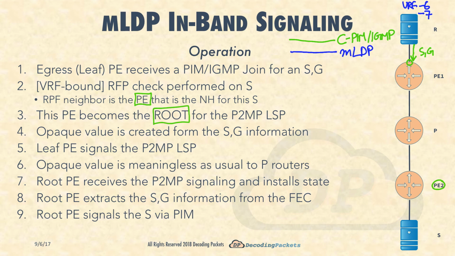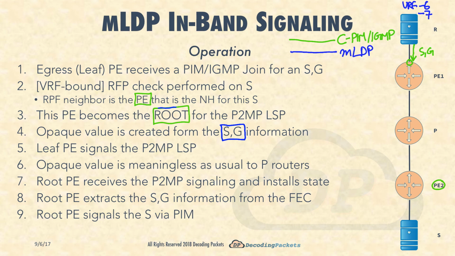So remember, for the MP2MP LSP, you need a root. You already know the type, so that's information portion 1. You need the root, so we have already determined that. And the next thing would be to create the opaque value. And how do you create the opaque value? You basically just create the opaque value from the S, G information.